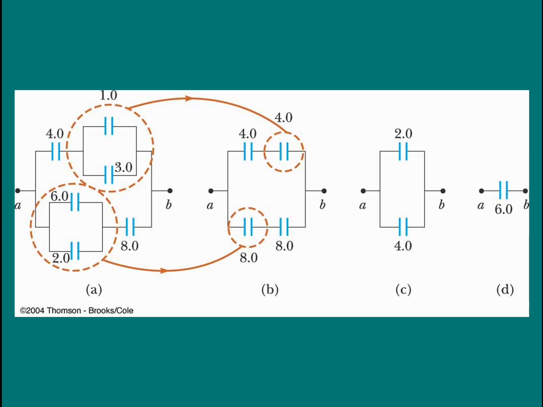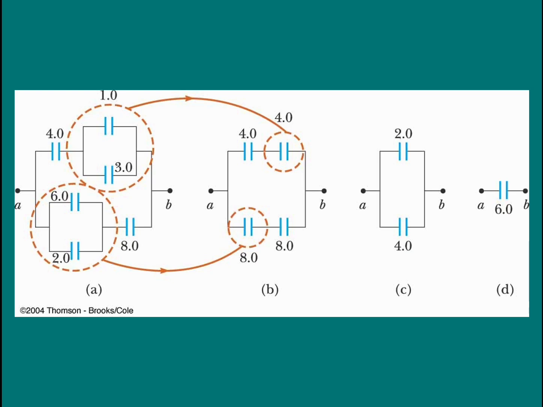An 8 Farad capacitor and an 8 Farad capacitor in series has equivalent capacitance 4. Last step, we have a 2 Farad capacitor and a 4 Farad capacitor in parallel, which gives us equivalent capacitance 6 Farad.